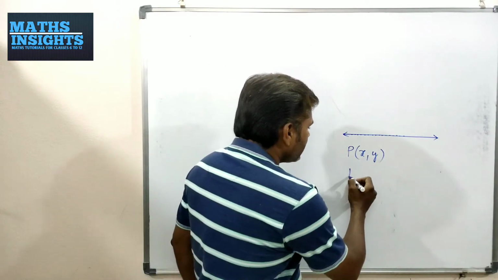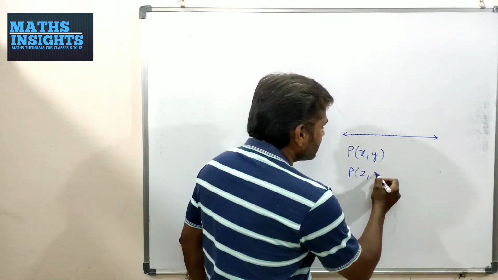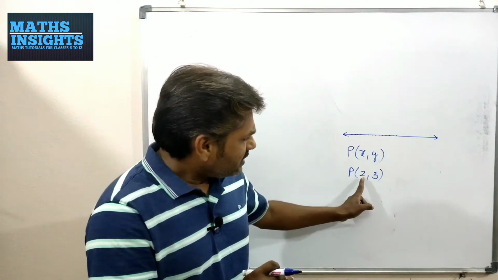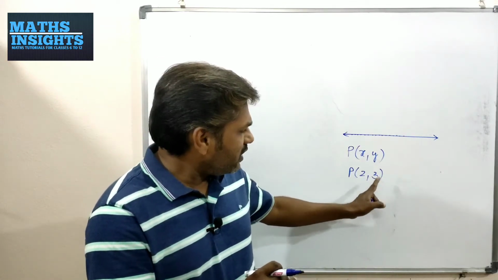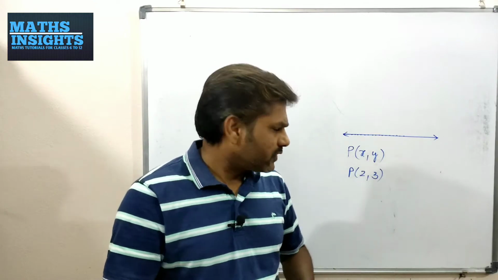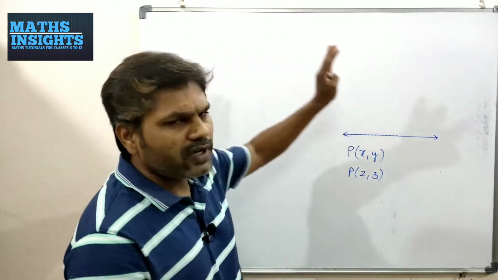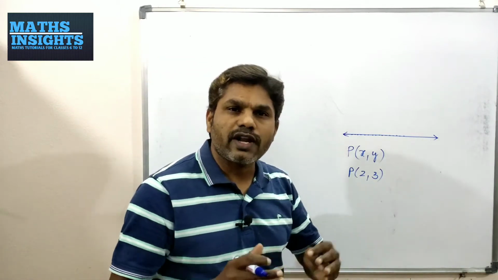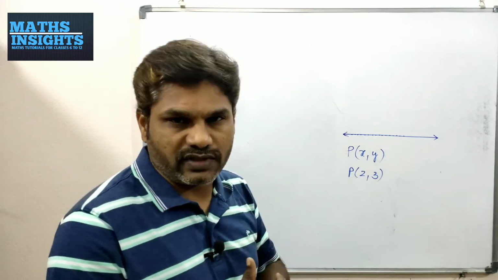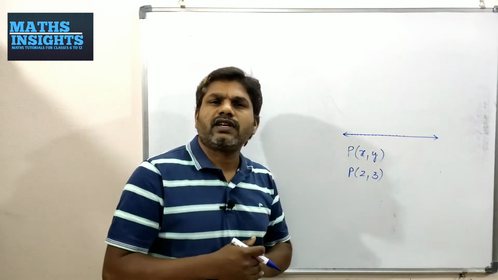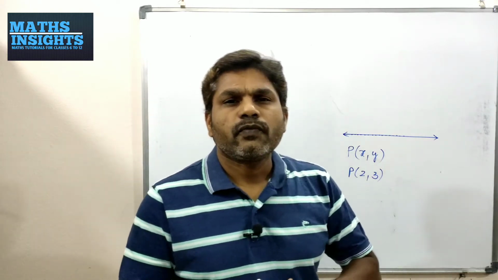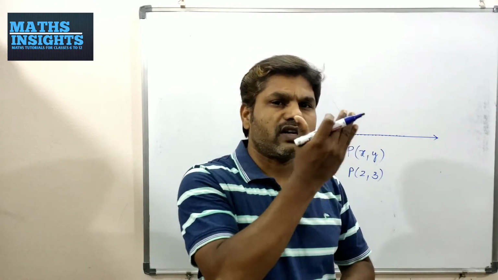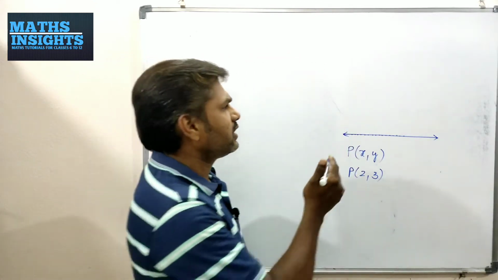Generally, if you take some numbers for these x and y, say 2 and 3, then 2 is the x coordinate and 3 is the y coordinate. You know that every plane, even this board, is also called a plane surface. That surface is divided into 4 parts called first quadrant, second quadrant, third quadrant, fourth quadrant.